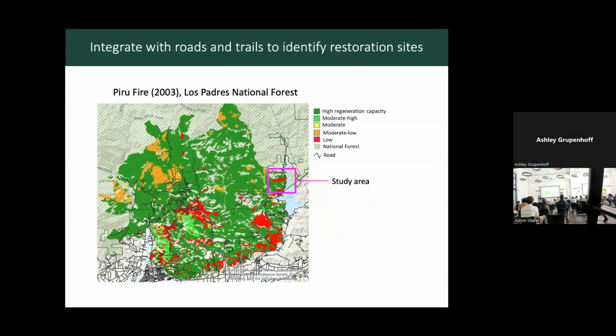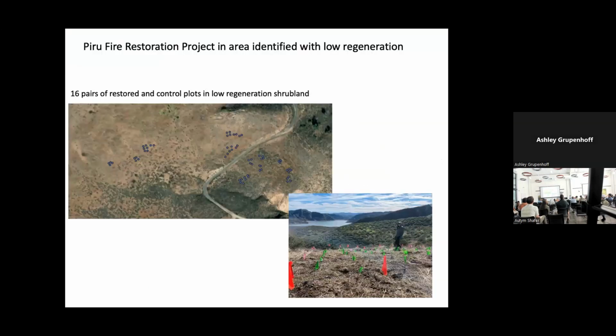But it was good to know there were other options available, and it was a useful practice to use the tool for that. And so, as we've seen in the previous few talks, this area that was highlighted in red in the output map is certainly annual grasslands and degraded compared to other areas on the other side of the road where there's more shrubland.